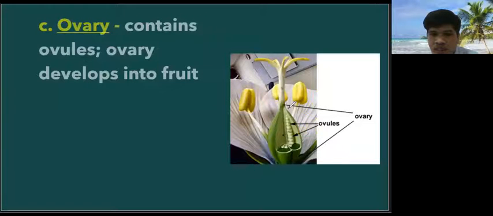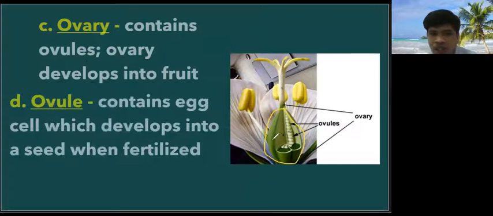And then the ovule inside, letter D, is not part of the carpel, but the ovule contains the egg cell, which develops into a seed when fertilized.